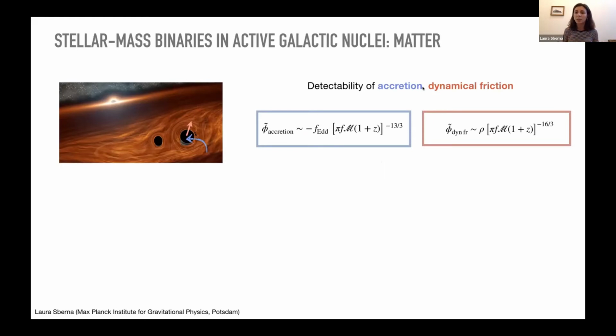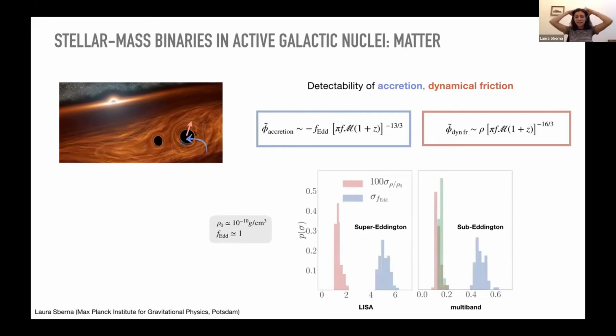They can be treated perturbatively, and we can write their phase contribution in a very simple way with these two powers of the frequency. And we can parameterize them, with some assumptions, by the constant accretion rate onto each of the components, and the local disk density rho.